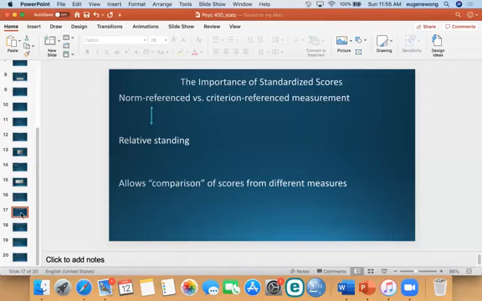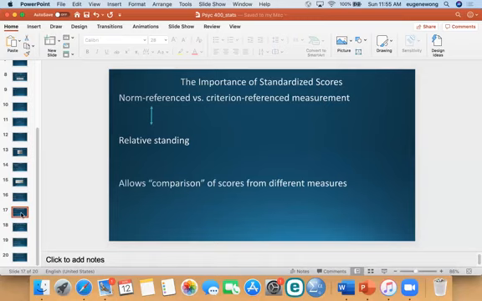But you see how in criterion reference measurement, we're not comparing you to the norm. We're comparing you to a criterion. Again, when we do educational evaluations of children, we're never using criterion reference measurement. We're using norm reference measurement, where we're interested in relative standing.